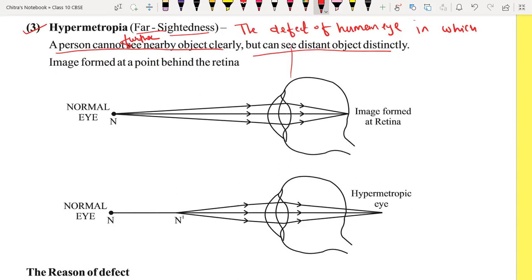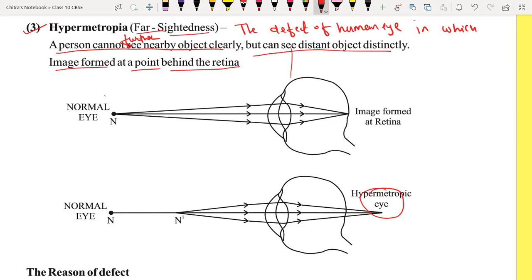Okay, so what happens generally in hypermetropia? The image is formed behind the retina. See, behind the retina. So the image will form at a point behind the retina, beta. Means it is not focusing on the retina but the image will form behind the retina. That time again the object will appear blurred. The object's image will appear blurred to us.